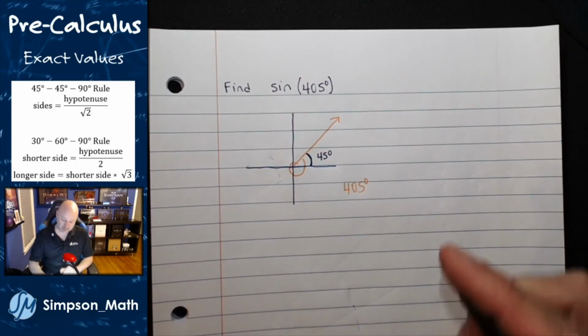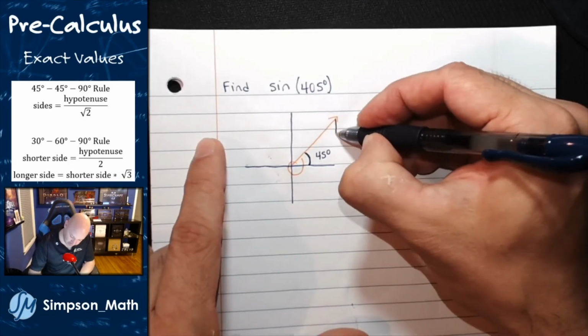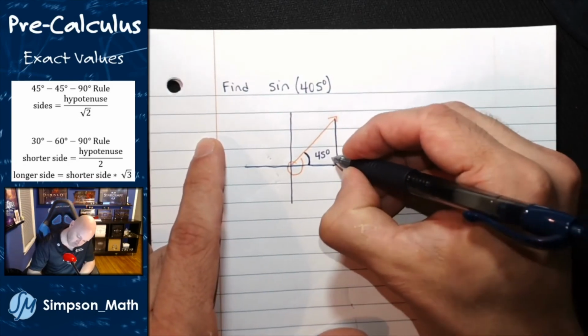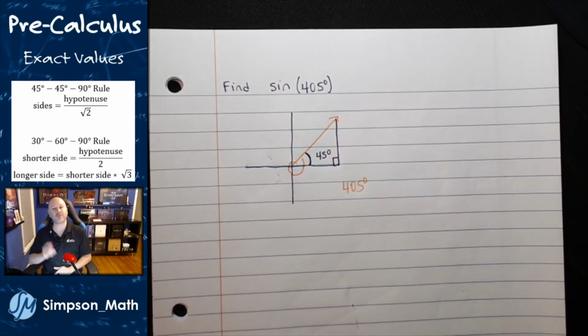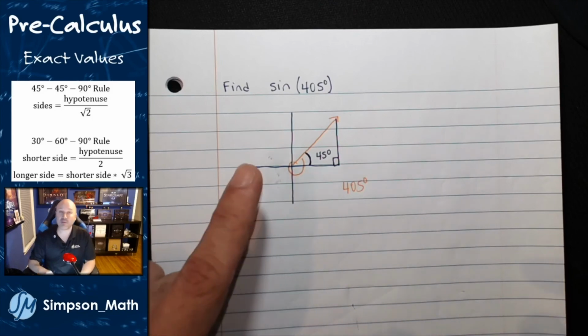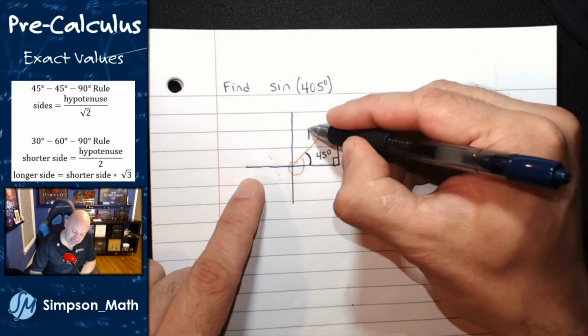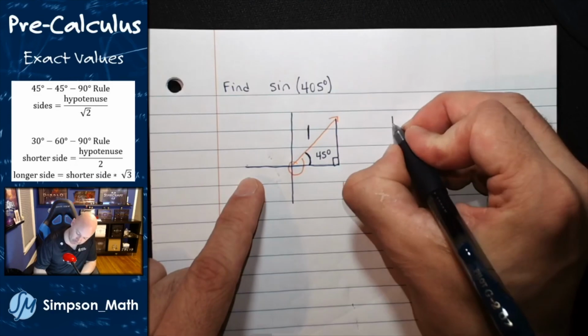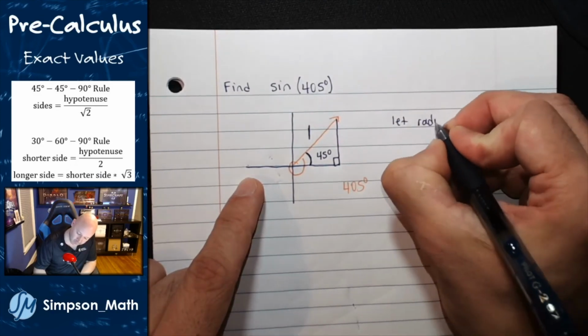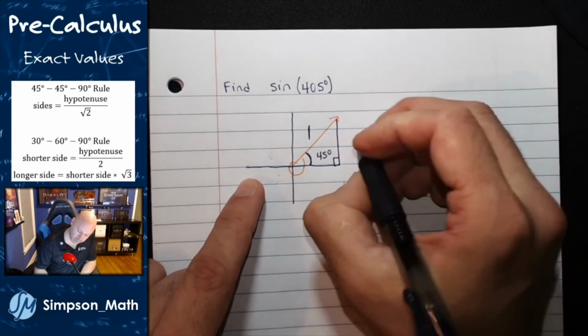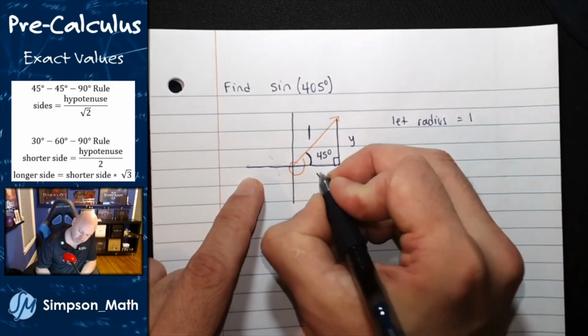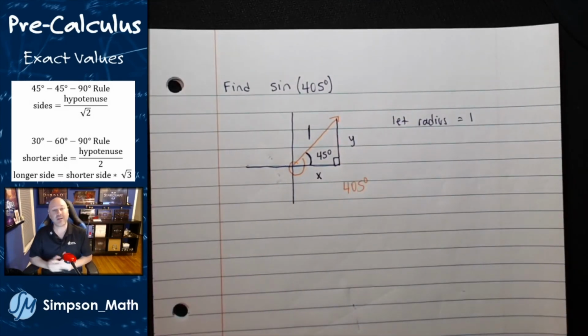I'm going to draw a triangle using this terminal side. Oh, so I've got a 45, 45, 90 triangle. And like in the previous example, I'm going to let the radius be 1. Well, if I know one side length of a 45, 45 right triangle, I can find the other two side lengths using the rule.